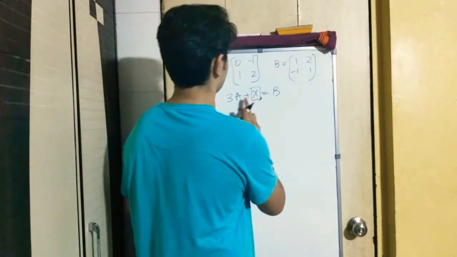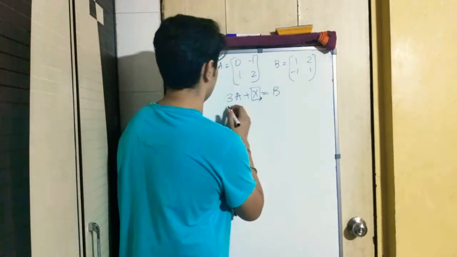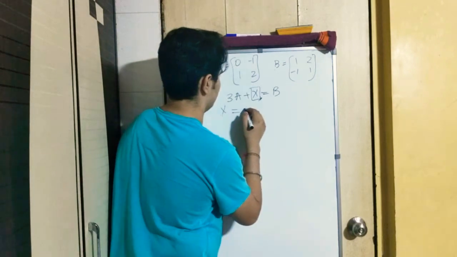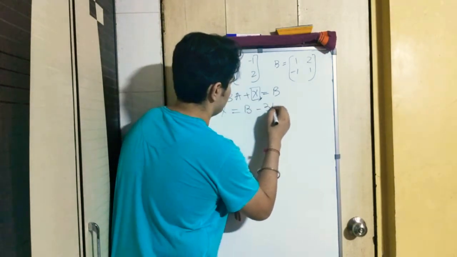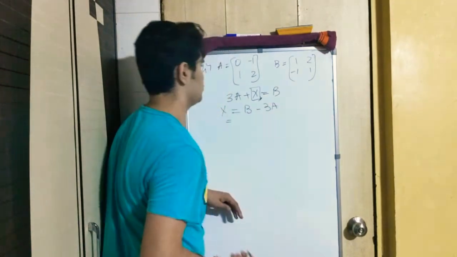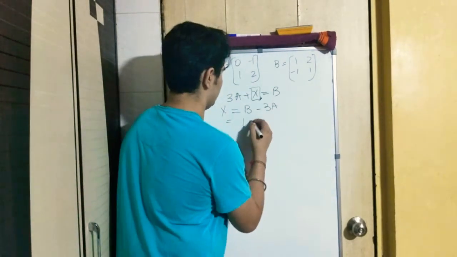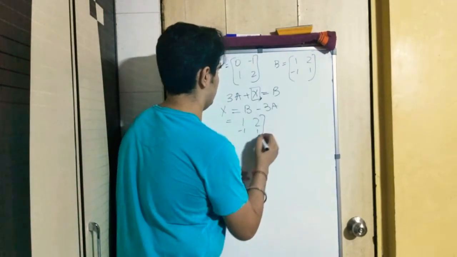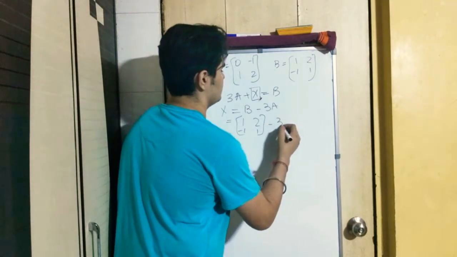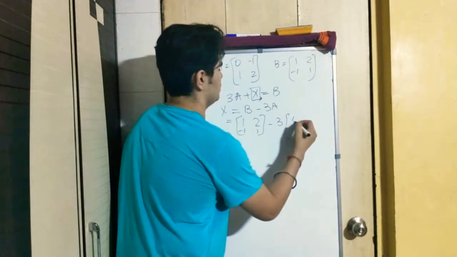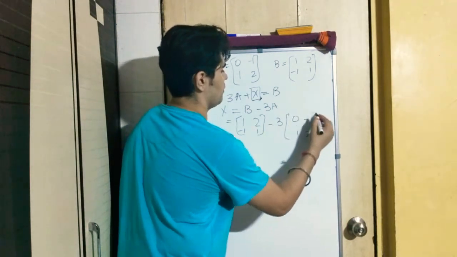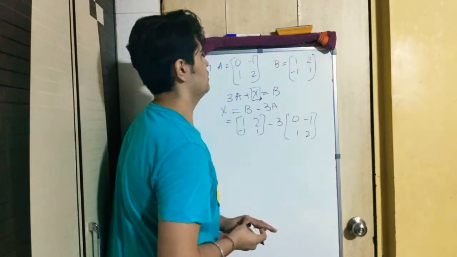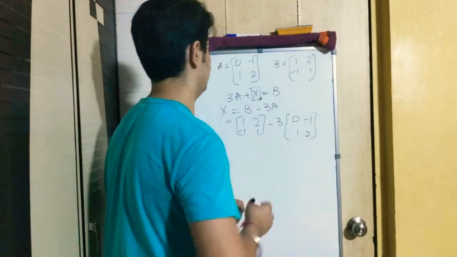To find this matrix, you have to take 3A here. So X is equals to B minus 3A. Now you substitute the values. That is [1, 2; -1, 1] minus 3 into [0, -1; 1, 2]. See, friends, you have to do an easy method.